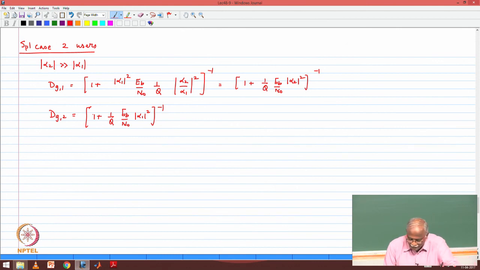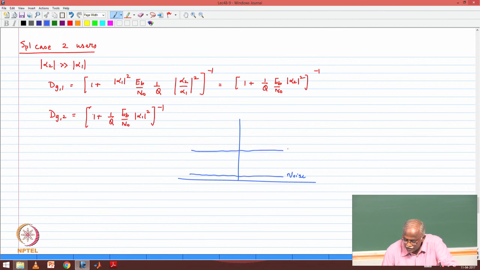So if you now link this to the scenario that we just now drew, I will just redraw that for reference. This is noise. This is a 2 user case. User 1 is transmitting with a lot of power. This is user 1 and user 2 is right there, user 2 power level.